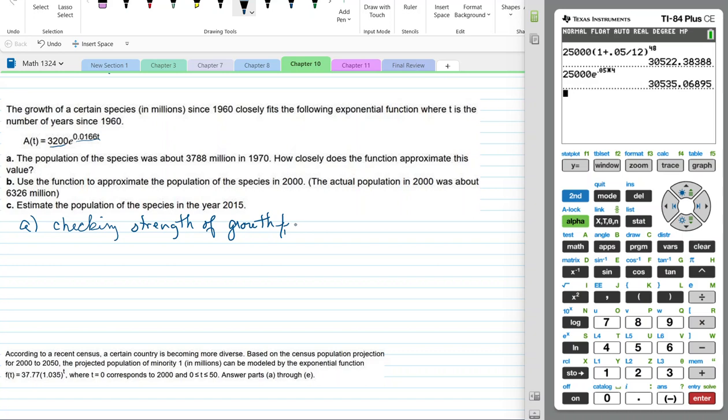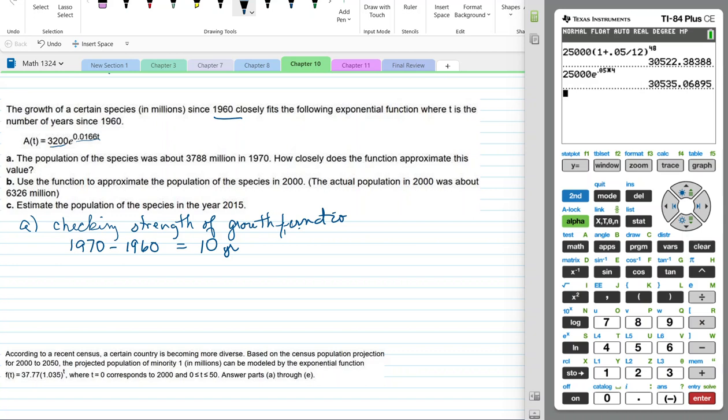All right. Now, see what it says. This started in 1960. So we want 1970 minus the 1960, and we get 10 years. So our T is 10 years.